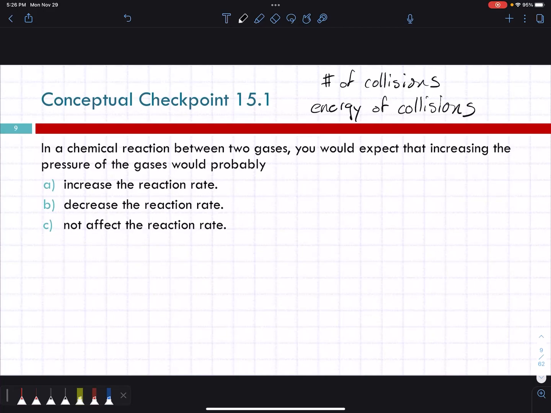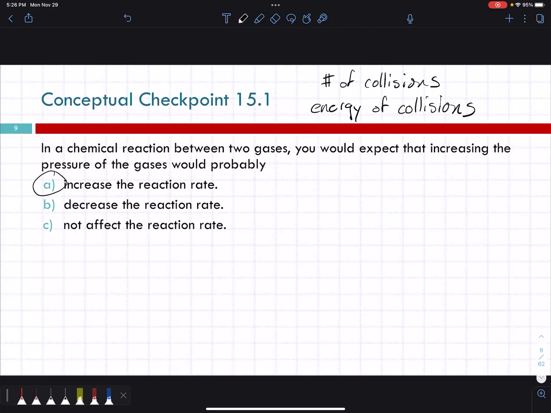Yeah, so if we increase the pressure, depending on if we also keep the volume the same, which I'm assuming we do, we also have to increase the temperature. So temperature is going to increase. Pressure also means that there are more particles present. So we're going to be increasing the number of particles present as well as the temperature of those. So our reaction rate will increase.